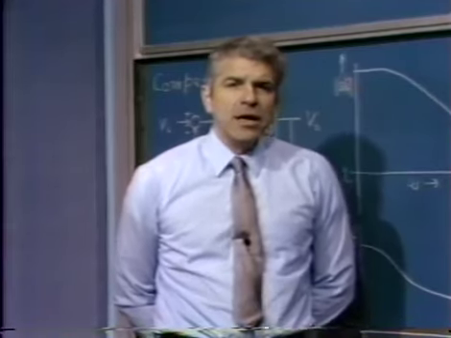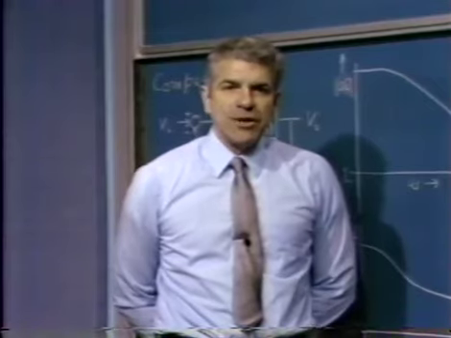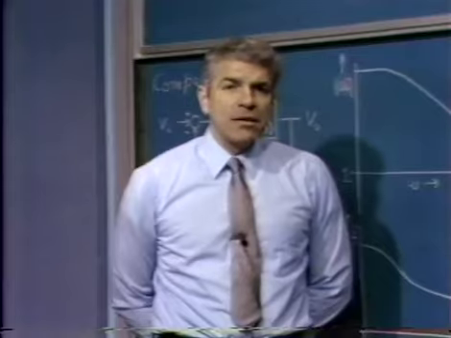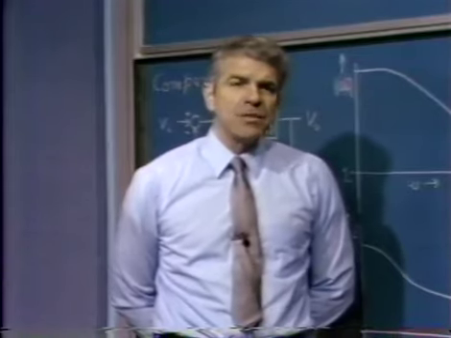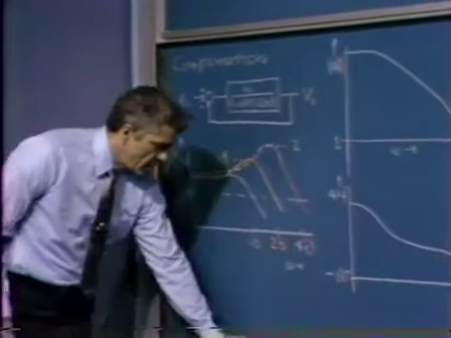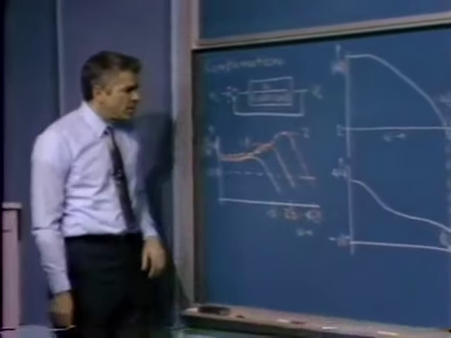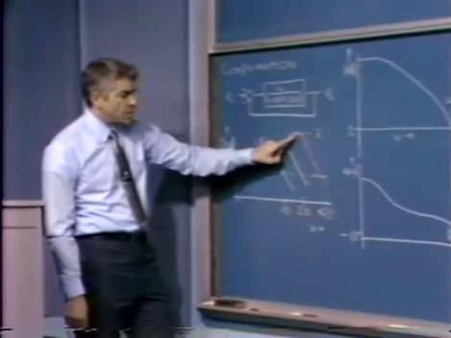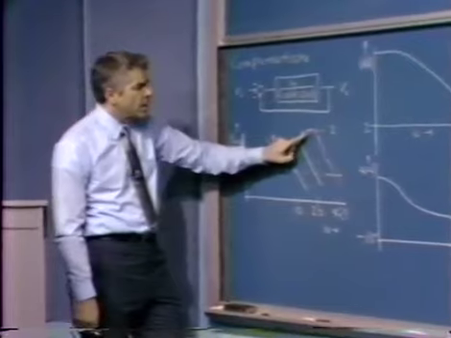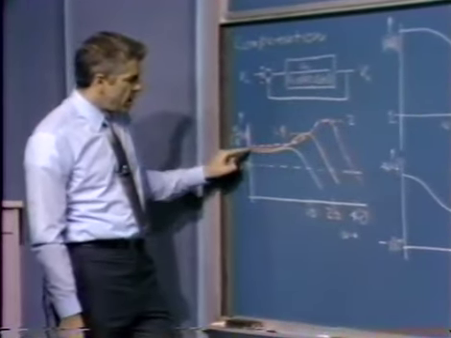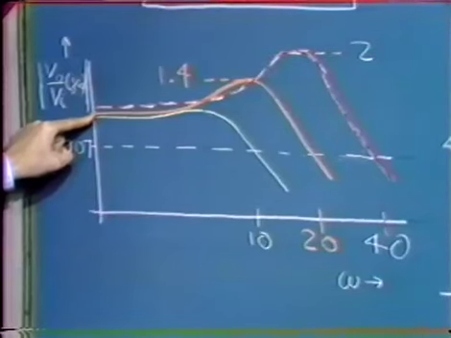And in fact, there is a very good relationship between phase margin and a quantity that we might define as M sub p. M sub p is a frequency domain concept, and in fact M sub p is the ratio of the maximum resonant peak that we get for a system in our standard form with unity feedback, the maximum peak we get divided by the low frequency magnitude of the closed loop gain.